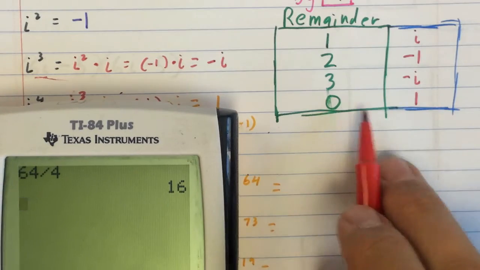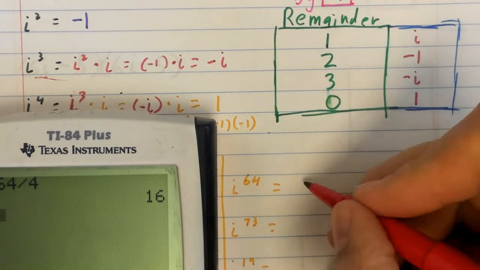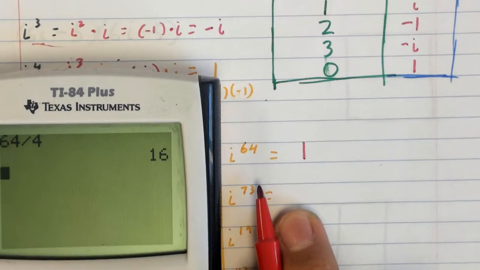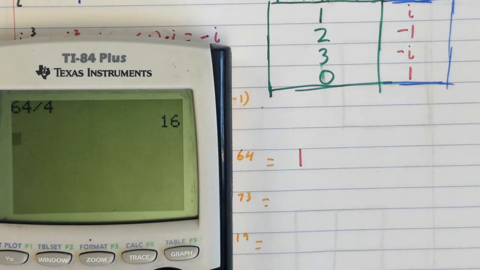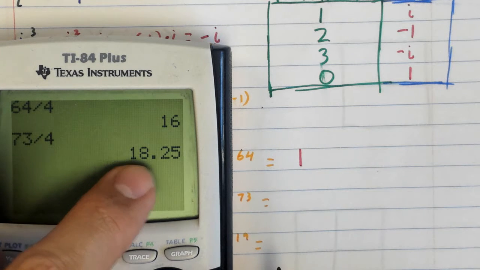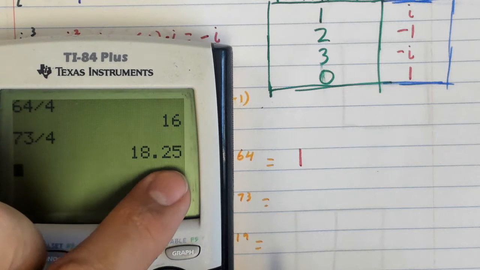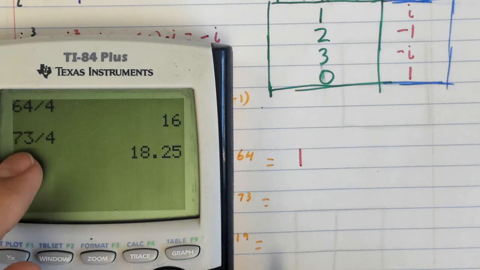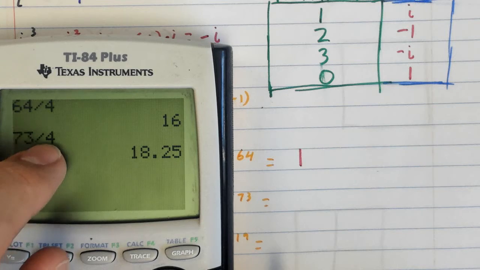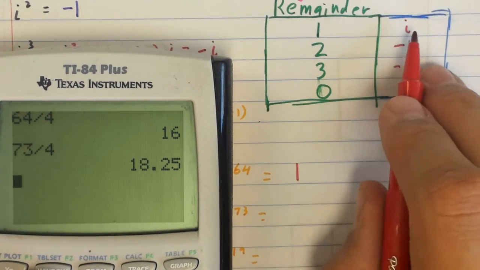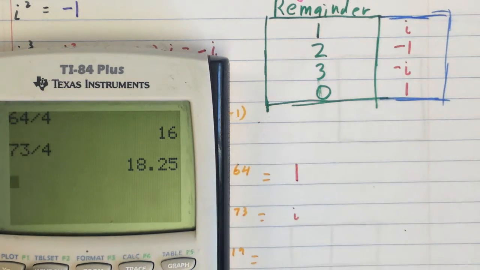If there's no remainder, that's simply going to be 1. Let's do I to the 73. We do 73 divided by 4, and we get 18.25. That is 18, remainder 1. So remainder 1 would be I.